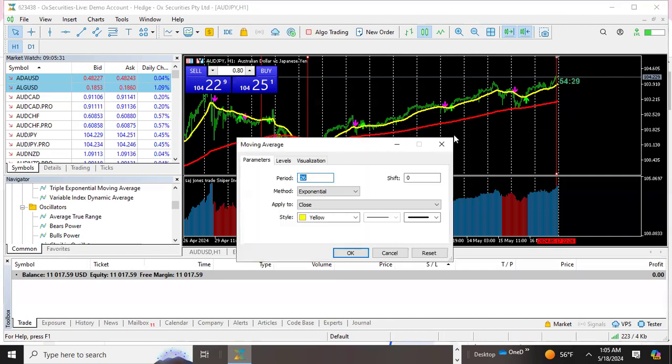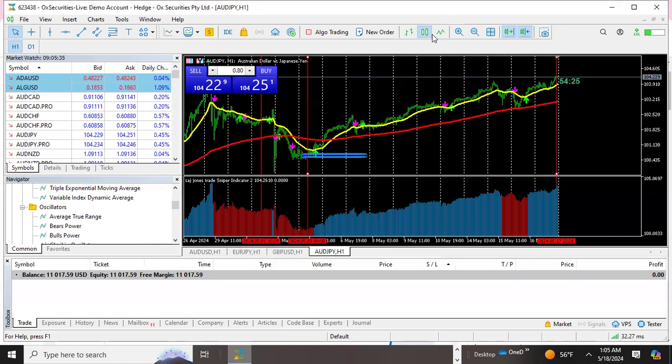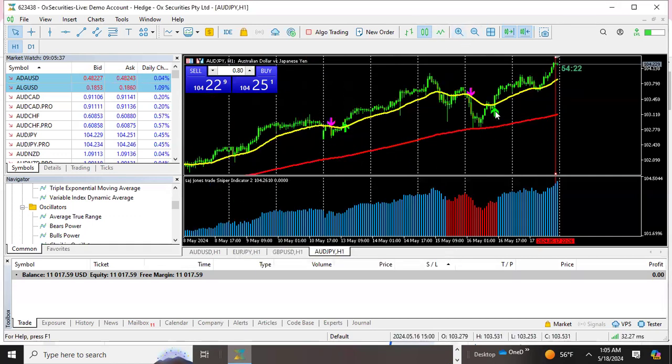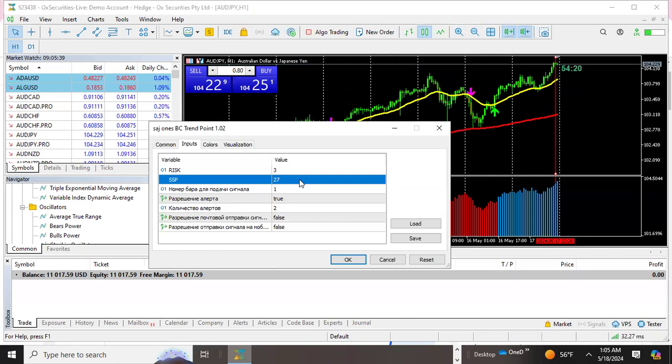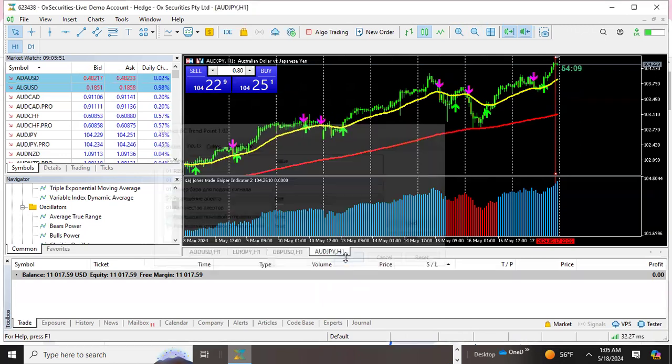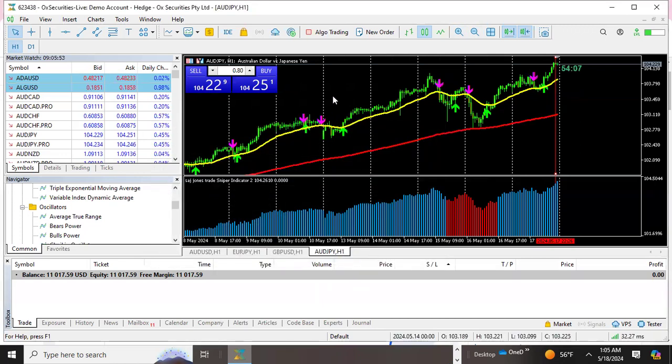But the best setting for the trend point indicator is the default setting of 9, 1, true, and 2, then false. Keep it at the original settings, because you're trading on the higher time frames.